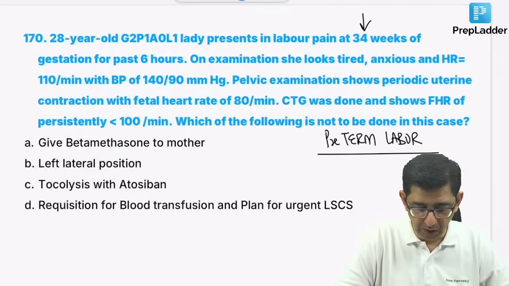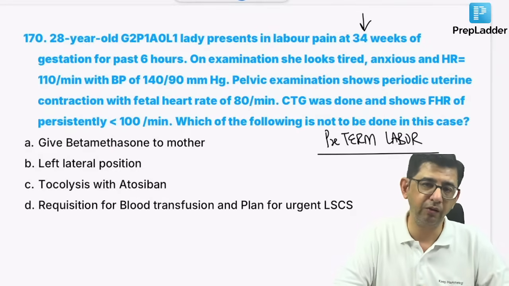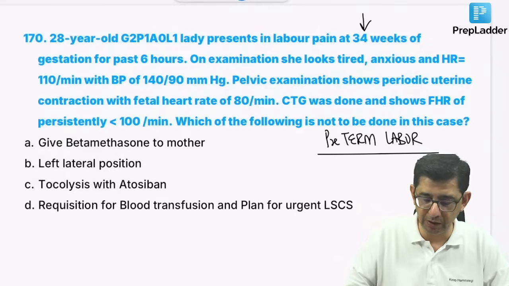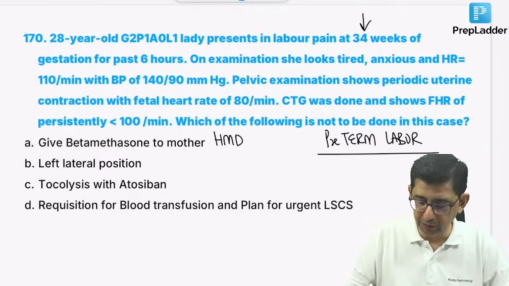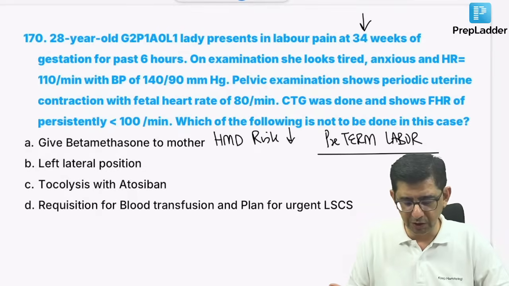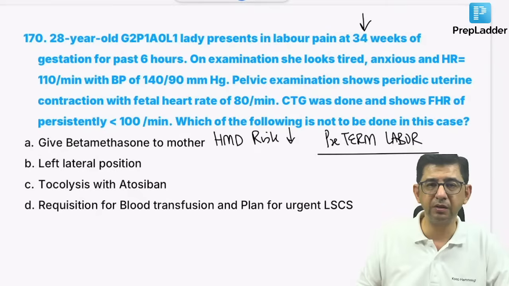And he says, what is not to be done in this case? So considering a preterm labor, I anticipate that her baby will be born preterm, hyaline membrane disease will be present. So giving betamethasone to the mother will decrease the risk of hyaline membrane disease. So makes sense. Left lateral position also okay, and blood transfusion fine, plan for urgent cesarean section, that makes sense.